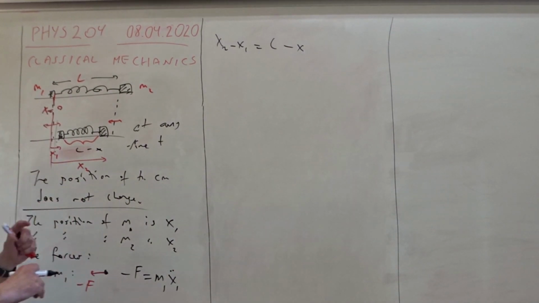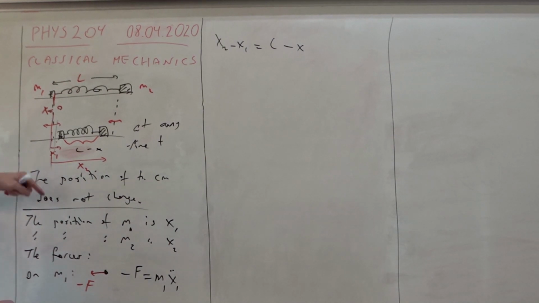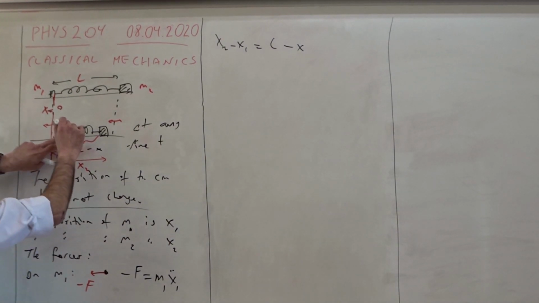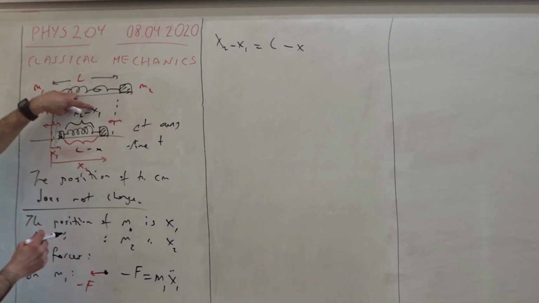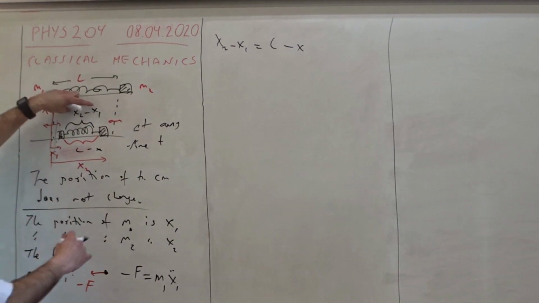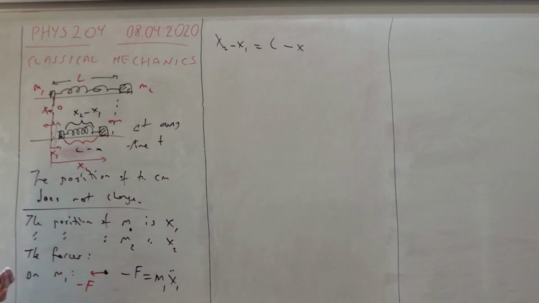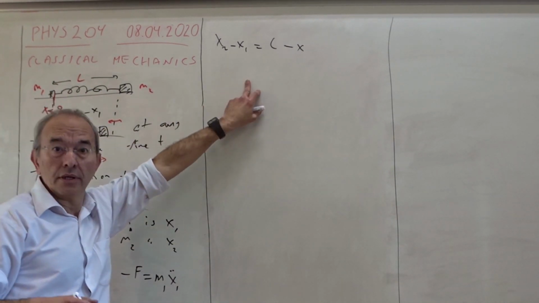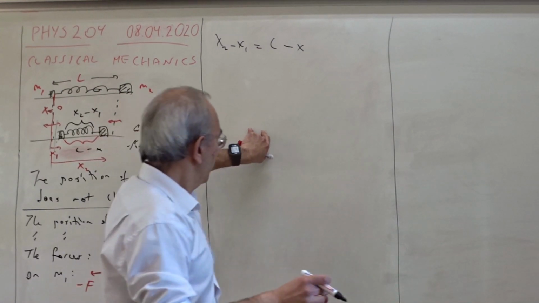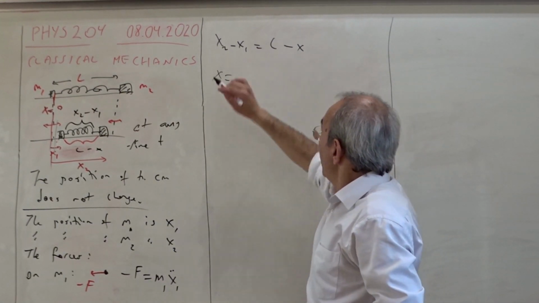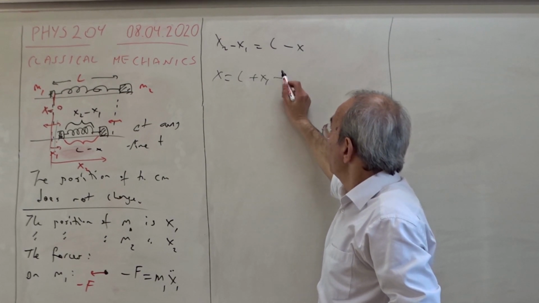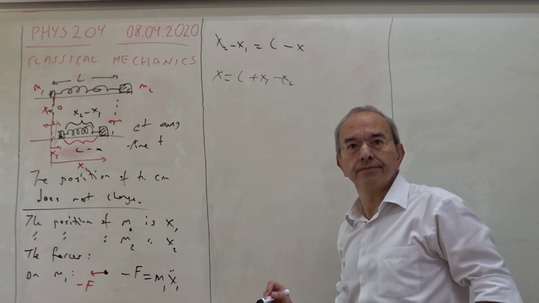For the coordinates, we can write x1 and x2, so this part is x2 minus x1, which is also equal to the initial length minus the amount of compression. So this is an equation we can write. Let's continue. Take x to the other side: x is L plus x1 minus x2.